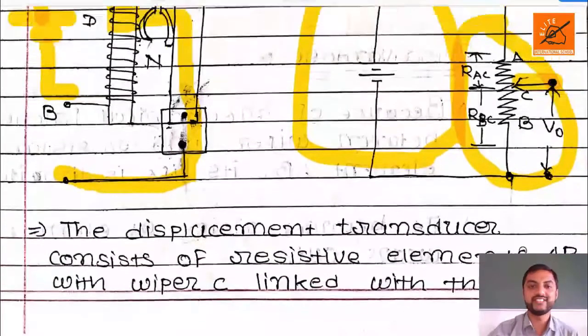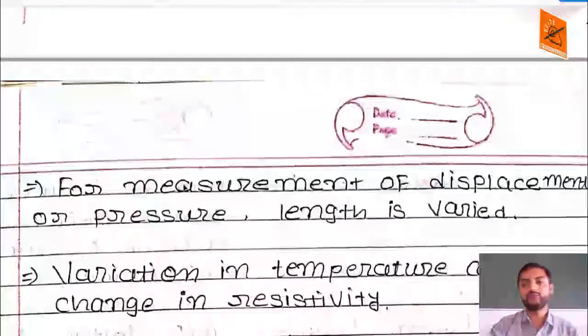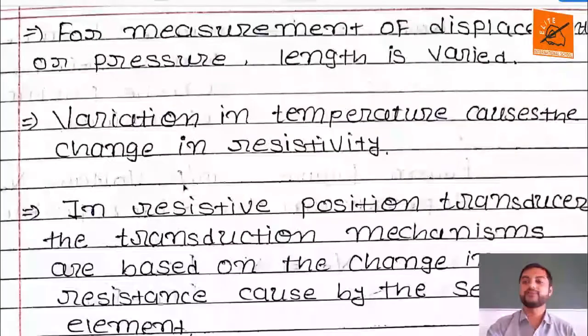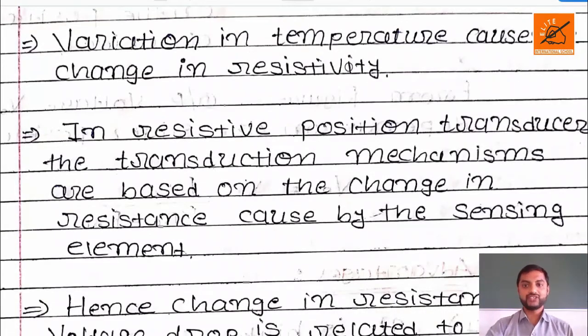Here you can see that whenever I give a pressure, because of the pressure this shaft moves downward, or if I remove the pressure, this shaft moves upward. And because of that, the position of the shaft changes, whereas variation in temperature causes the change in the resistivity.